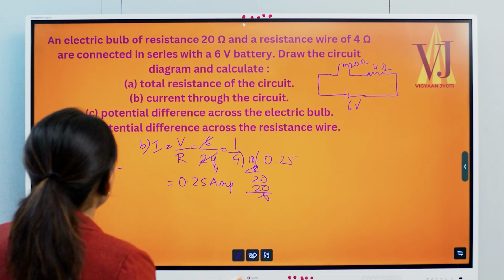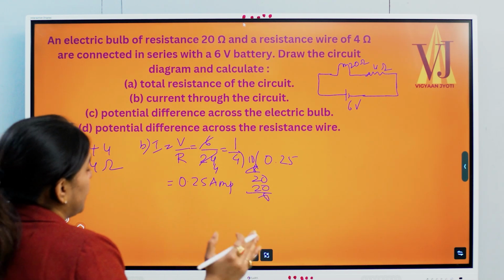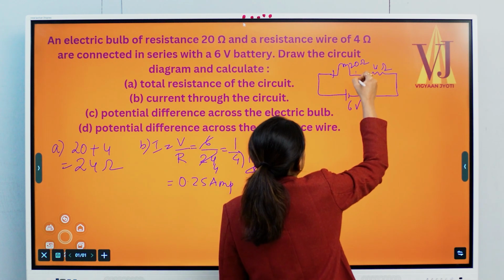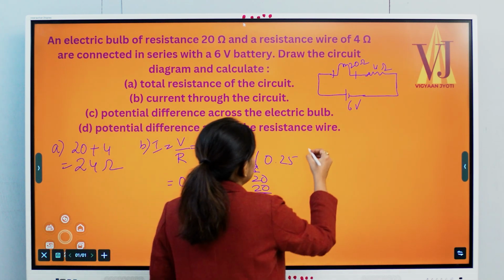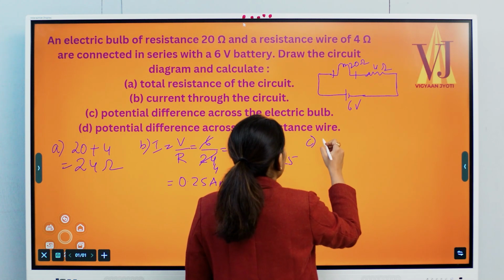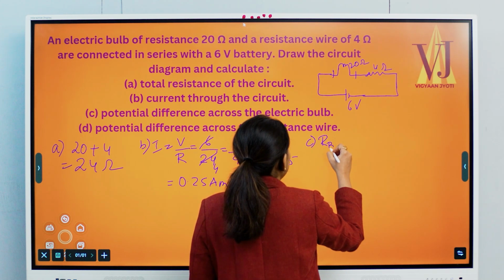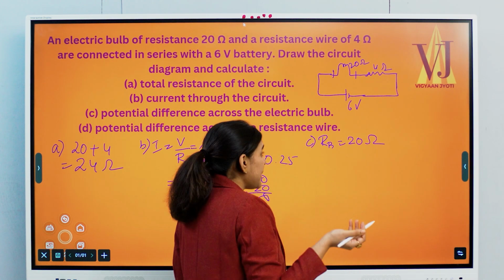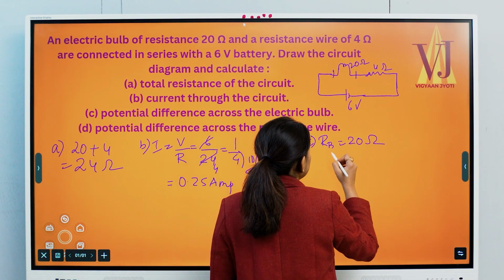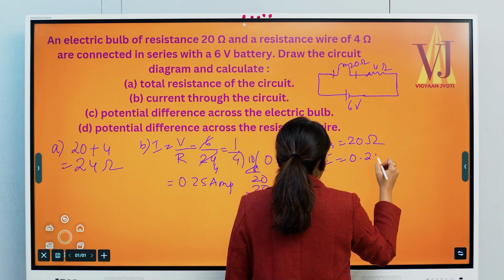Now the question they are asking is the potential difference across the electric bulb. That means we have to find out the potential difference across the electric bulb. So resistance of the bulb is how much? 20 ohm. Clear? We know current is the same. Current is the same. That means I is how much? 0.25 ampere.